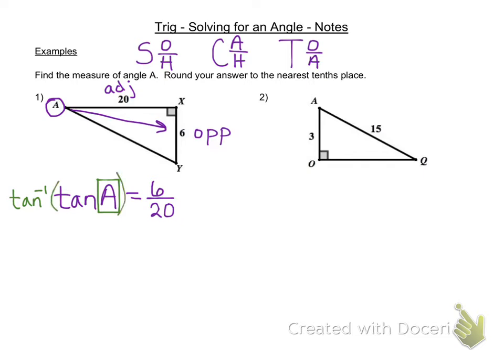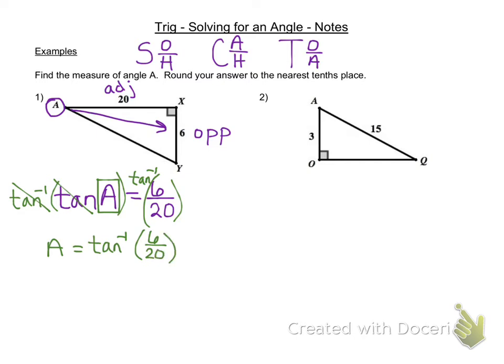So whatever I do to one side of the equation, I have to do to the other side of the equation. So I'm going to do the inverse of tangent on both sides. Now the inverse and the tangent are going to cancel each other, and then you're going to be left with A is equal to the inverse of tangent of 6 over 20.